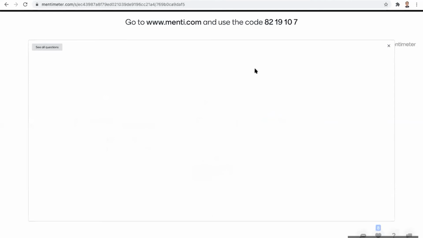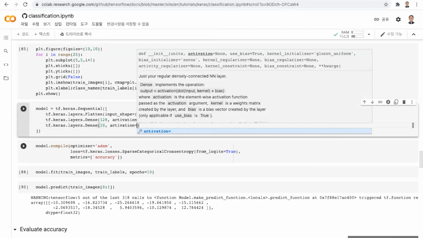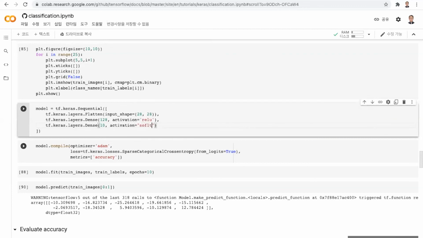Oh, okay. So let me try a little bit different thing. I change it back to 10, so it will produce 10 numbers. And I'm going to apply a softmax activation here.